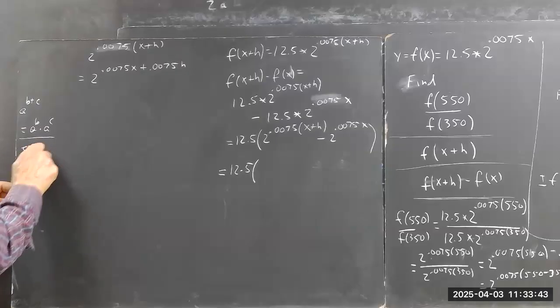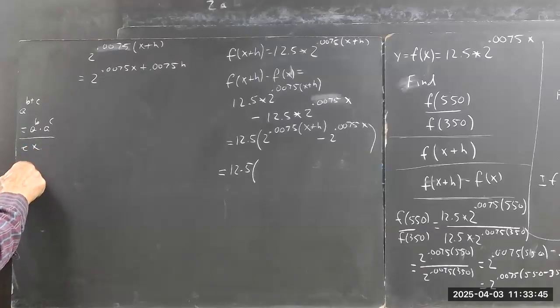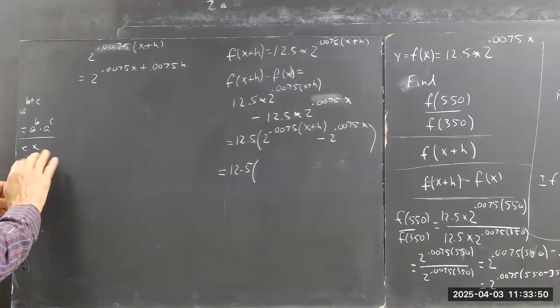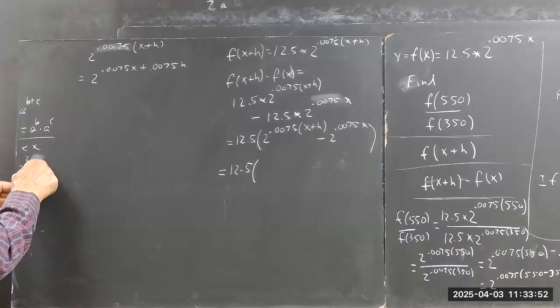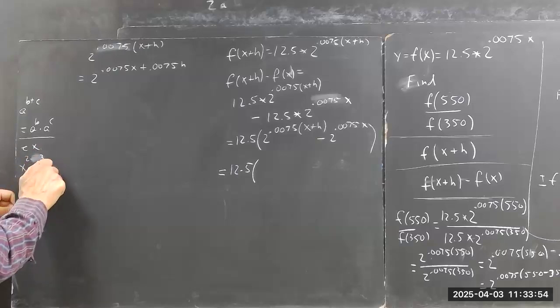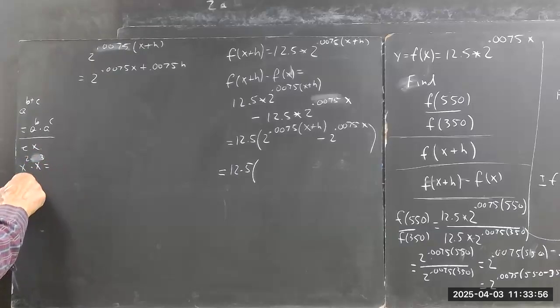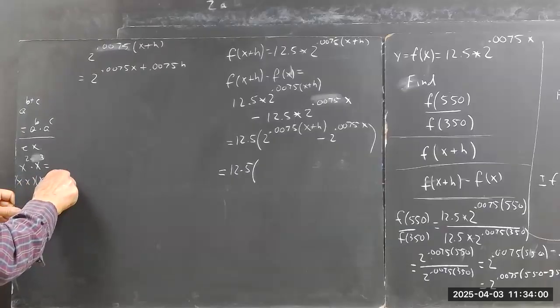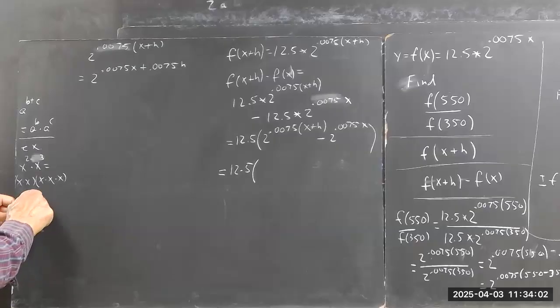Why is that? x squared times x cubed means x times x multiplied by x times x times x, which is x to the fifth, right?